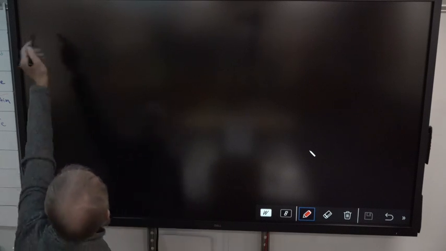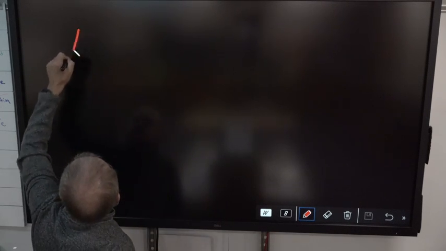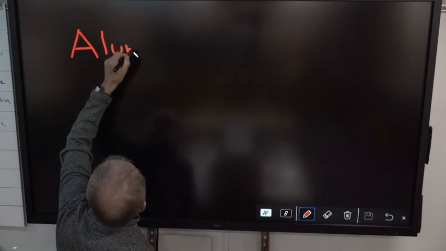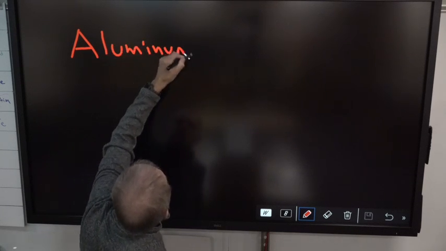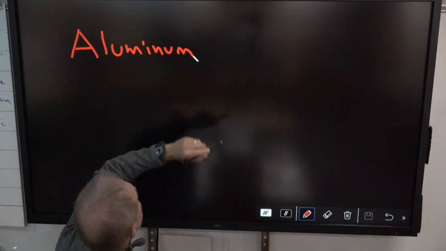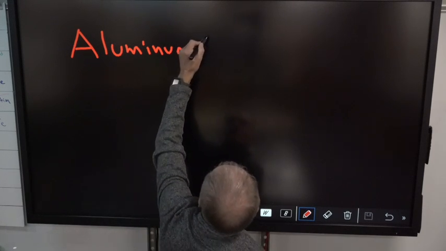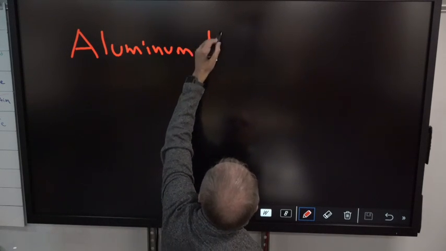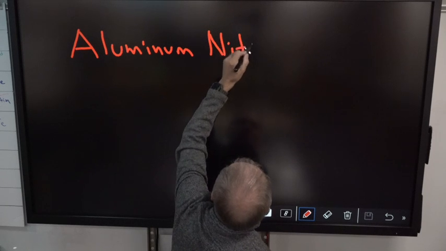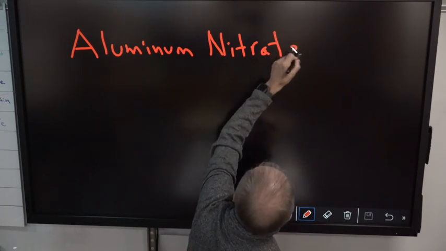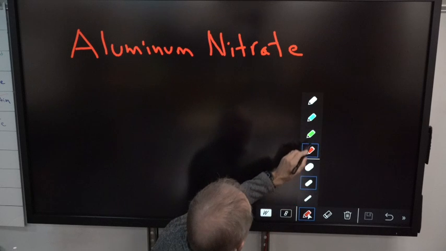All right, the next one we're going to put together is this. Aluminum nitrate.